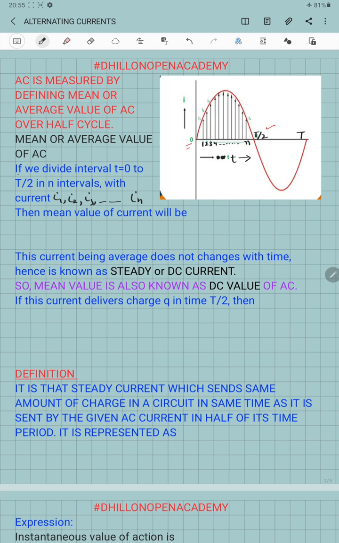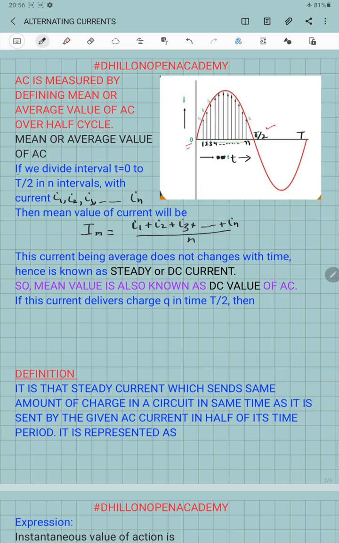So the average or mean value of the current in this interval can be represented as Im equal to I1 plus I2 plus I3, and so on up to In, divided by n.